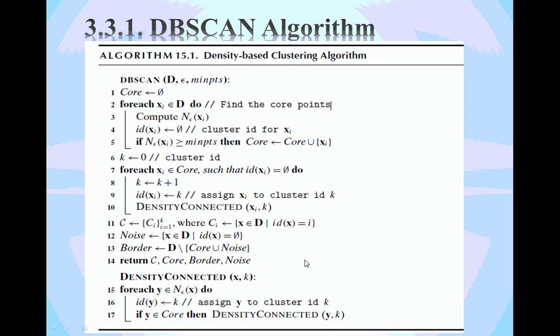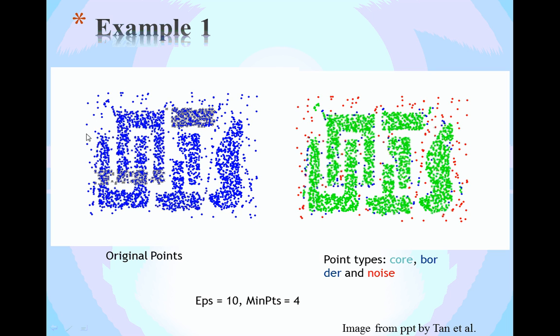So the main idea of the density-based clustering algorithm is to divide the data into core points, border points and noise points. Here it is a little bit complicated, so I don't want to go inside. Here is the original data.